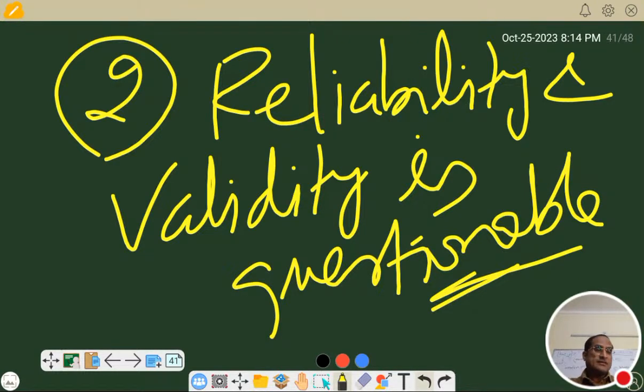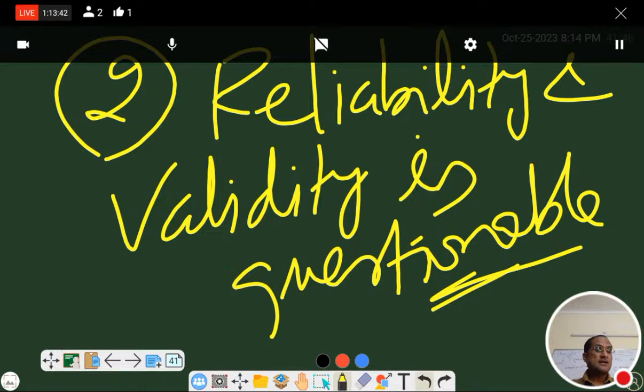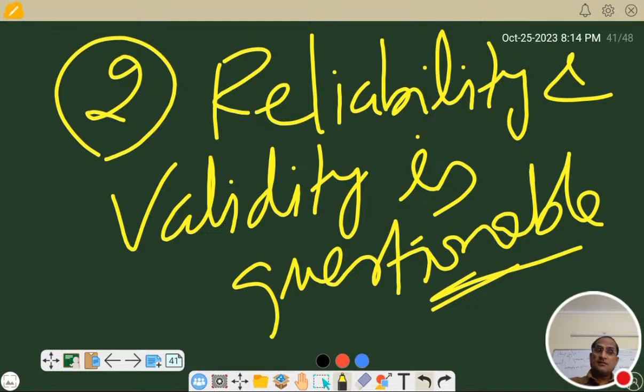You are observing the behavior of a set of people, say in BHU, belonging to the state of UP. Now, you study the behavior of students from UP in another university. There will be different observations. There is no homogeneity. There is no replicability. The answers are different there.